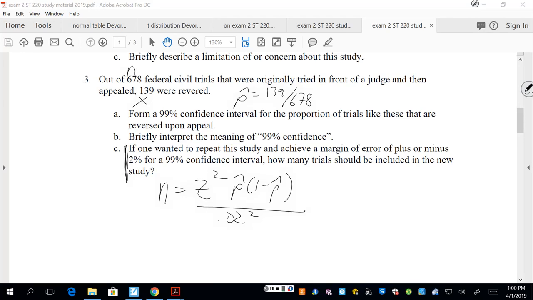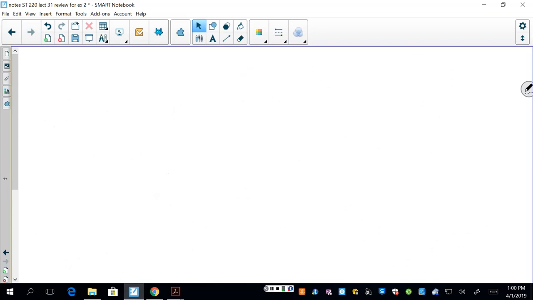Any questions about formulas? Last one. All right, we have two proportions. You have two sample sizes. You have two counts, or you have two sample proportions.